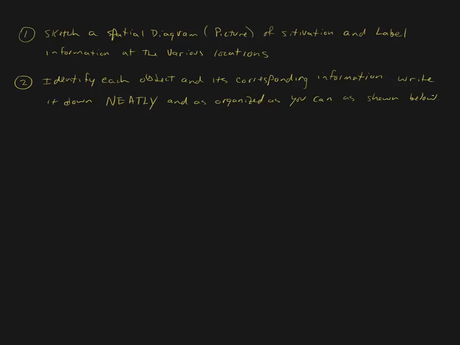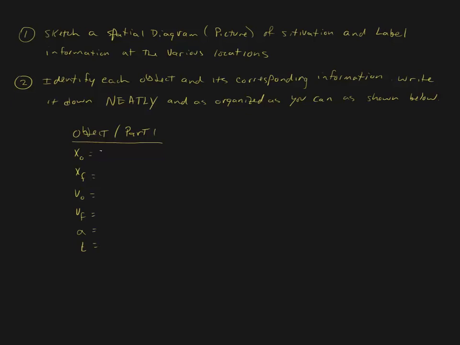So here's your basic organizational strategy. You're going to have object 1, and this could be for part 1, especially if you have multi-part problems. Object 1, part 1. You always want to take note of what is X initial, X final, V initial, V final, A, and T. These are all things that you want to write down for the first object.